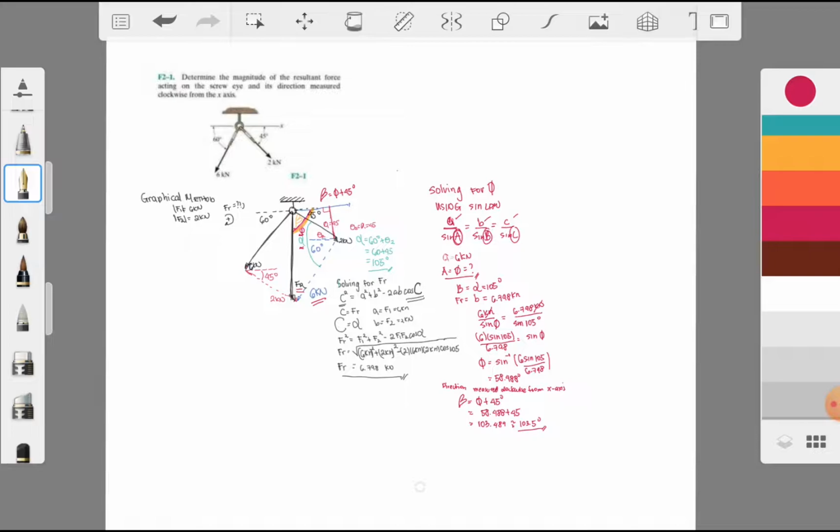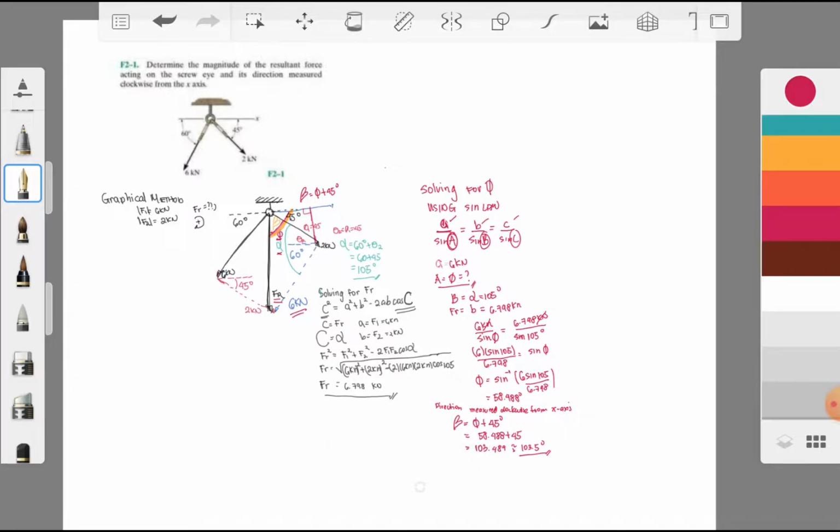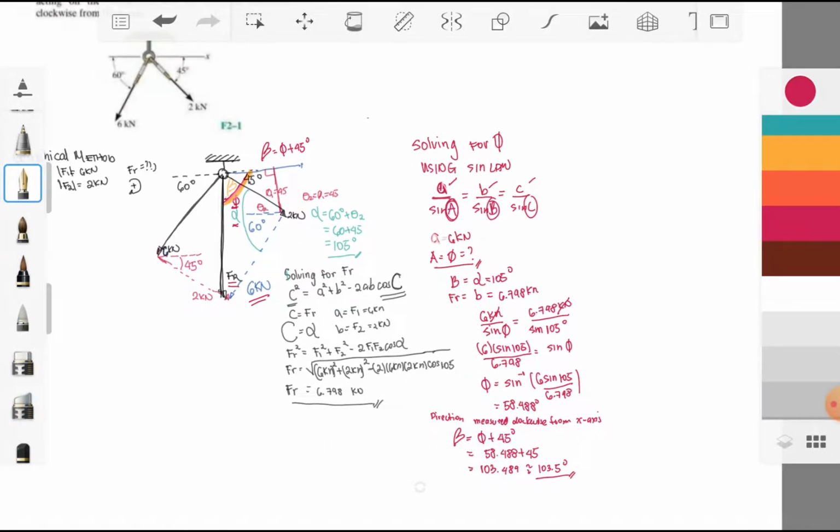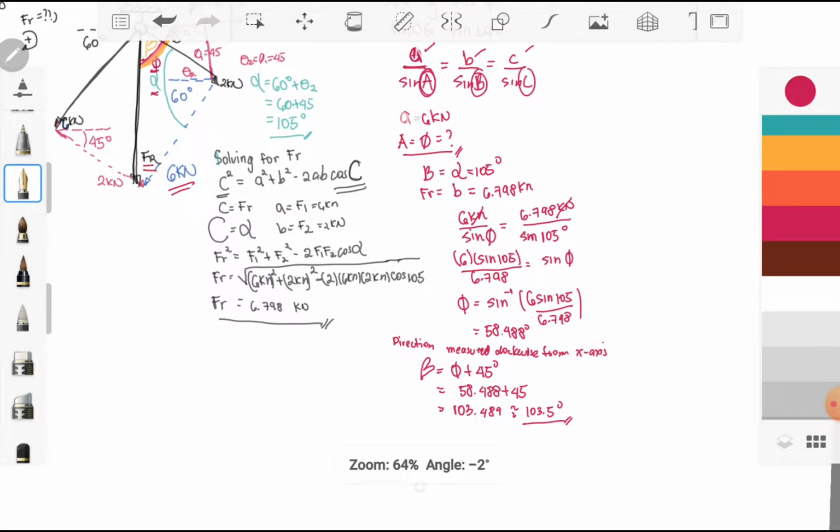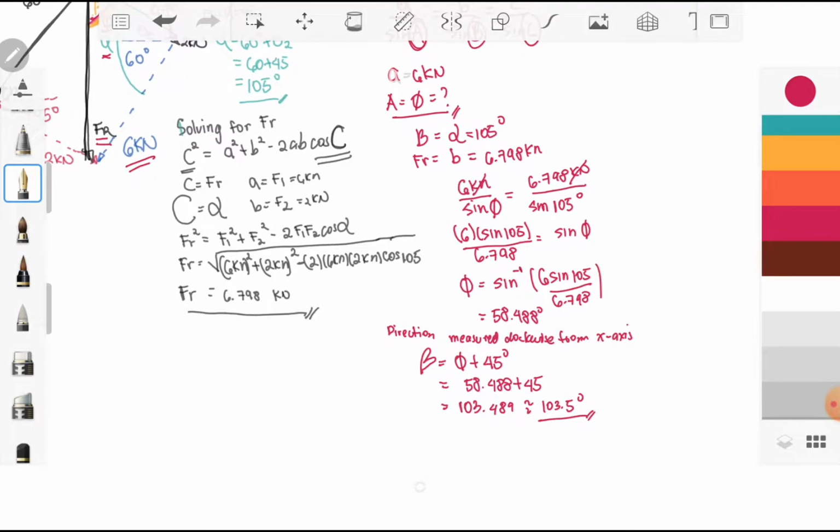Later on you may ask why it is not negative. Take note that we have projected it using your graphical method. So this is 103.5 degrees below the x-axis, indicating that it should be negative, below the x-axis.